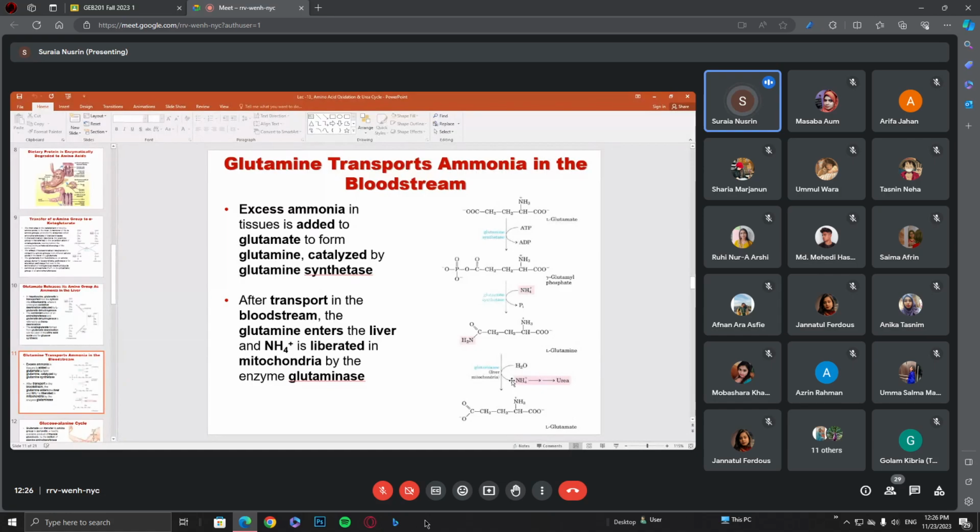So after the release of the amino group, the glutamine is converted back to glutamate. And that amino group which is released can be further catabolized by the amino group catabolism pathway, and it is converted to urea. Is it clear? Do you get it?